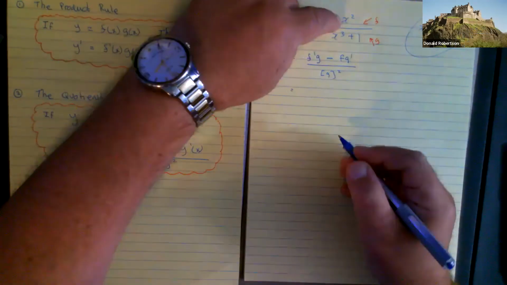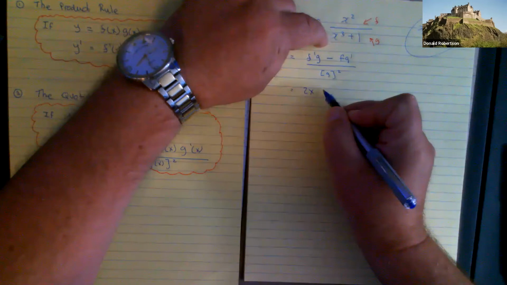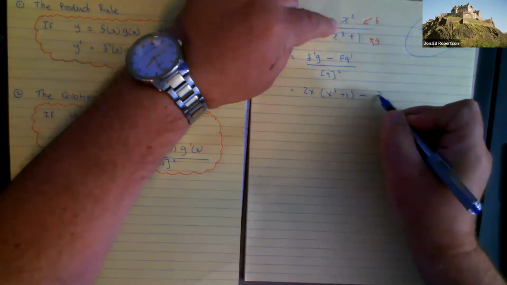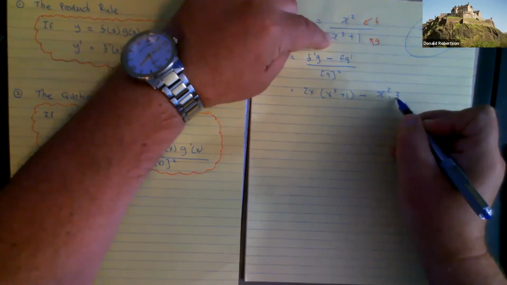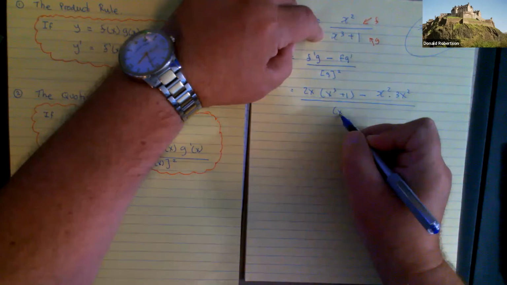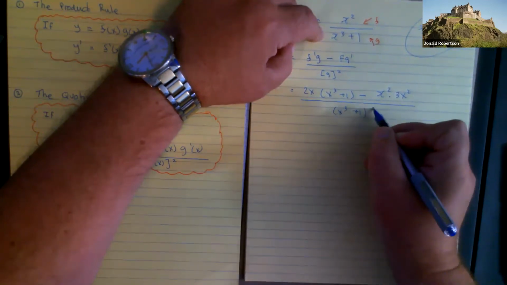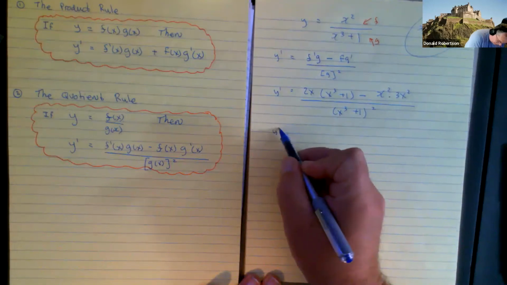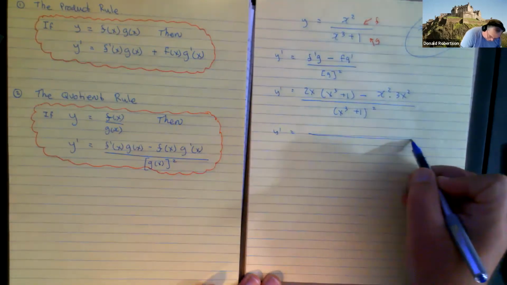Now you do the derivative of that guy, you get 2x, you leave the bottom alone. Take away, you leave the top alone, and you differentiate the bottom, and the whole thing becomes x cubed plus 1 squared. And that's calculus finished.